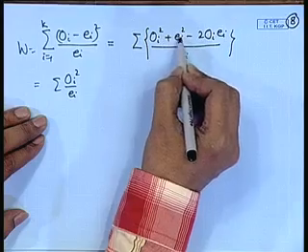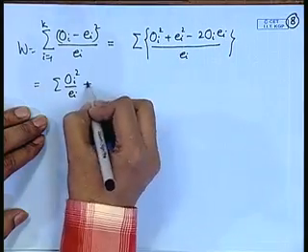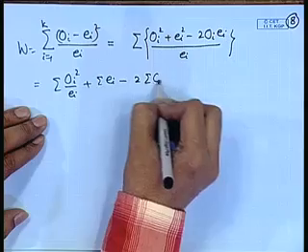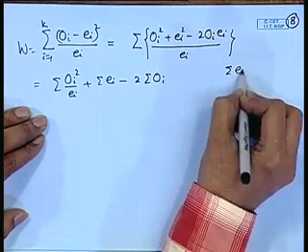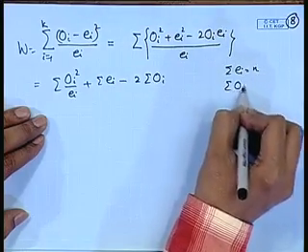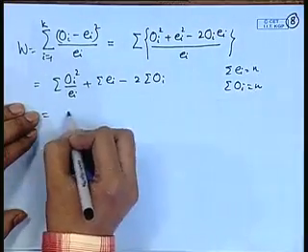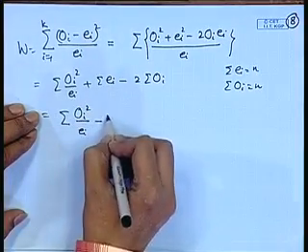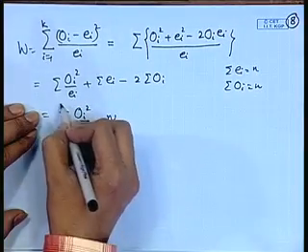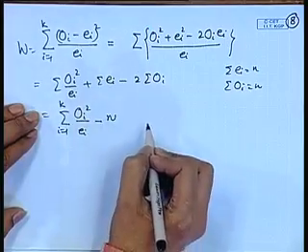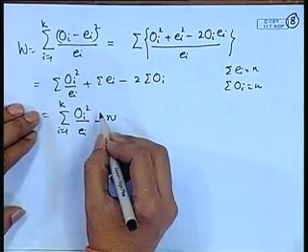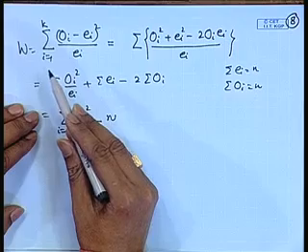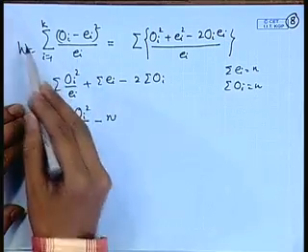Now, the next term here is Ei and then summation. So, summation Ei is actually n minus twice summation Oi. So, summation Ei is n and summation Oi is also n. So, this becomes simply sigma of Oi square by Ei minus n, i is equal to 1 to k.